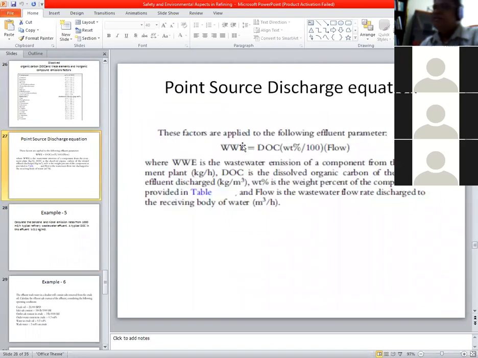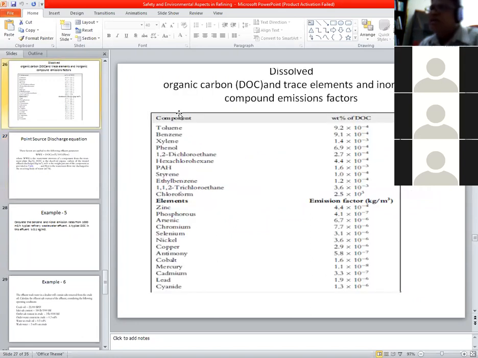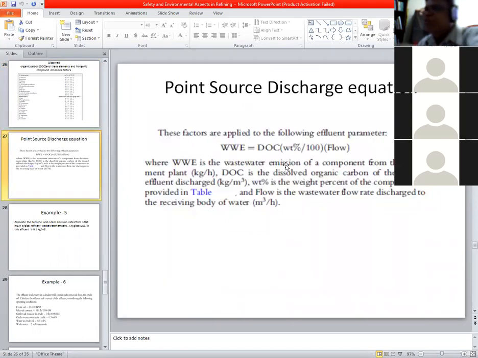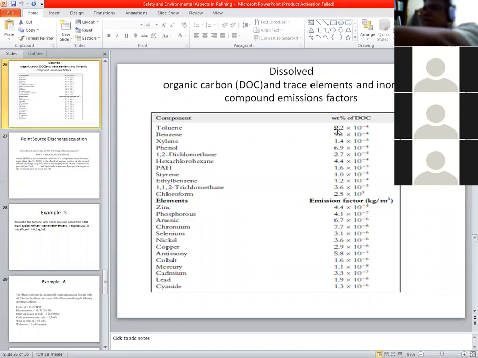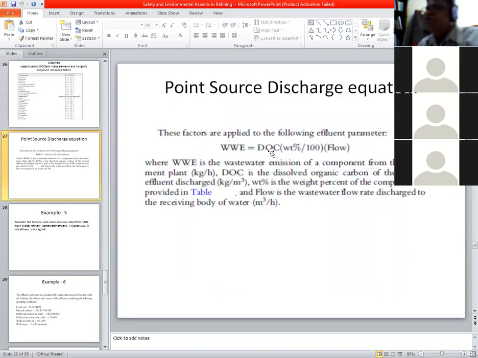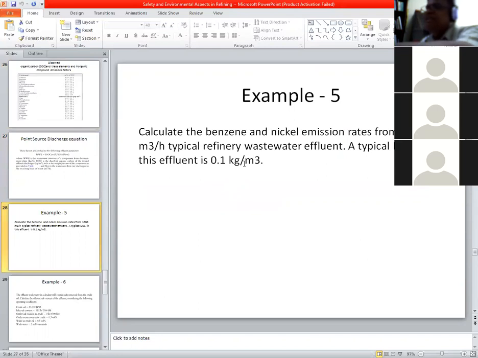WWE is wastewater equivalent. DOC, the dissolved organic compounds, the value is here, so put it here. Take for example benzene, the value is here, put it here, times flow. The flow rate is given, put that, and you can get the calculation.